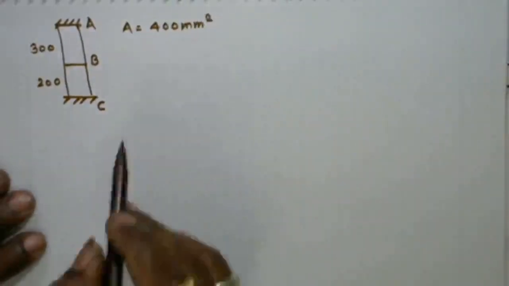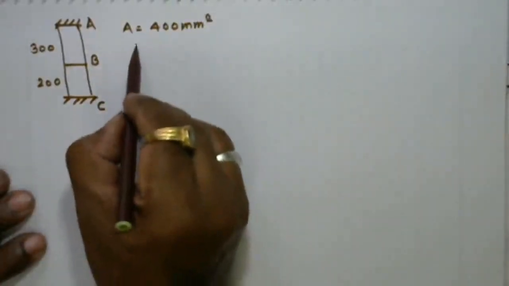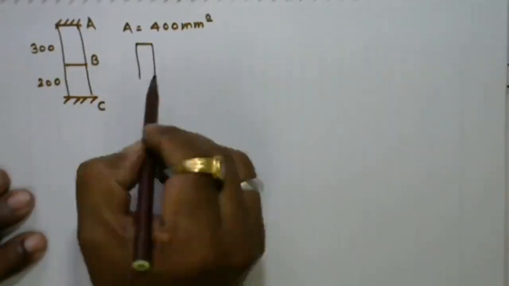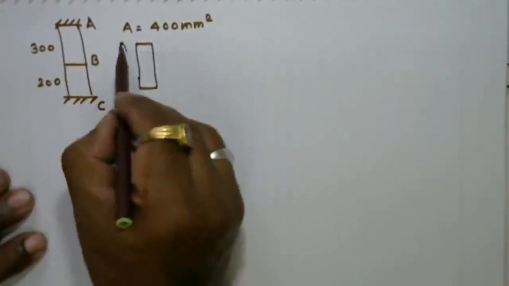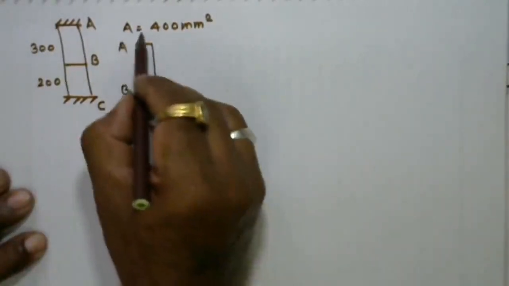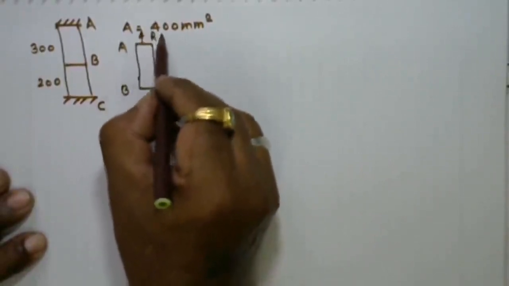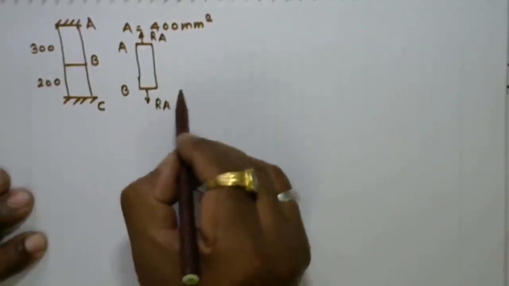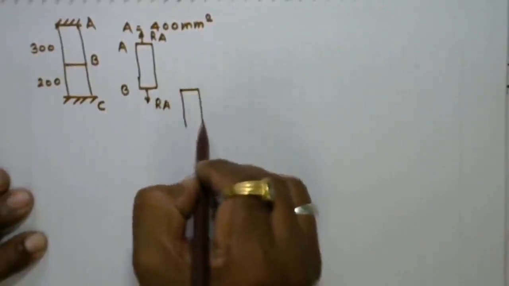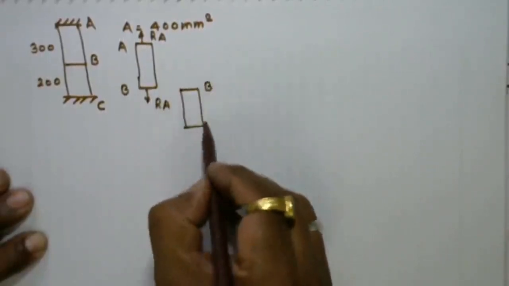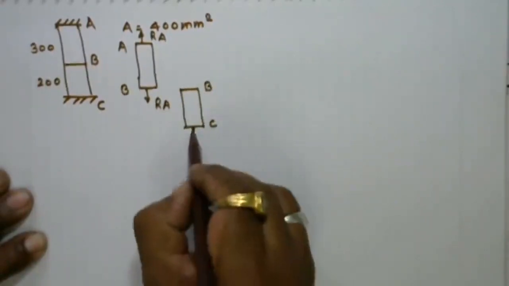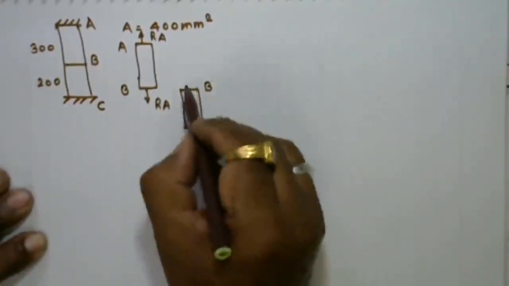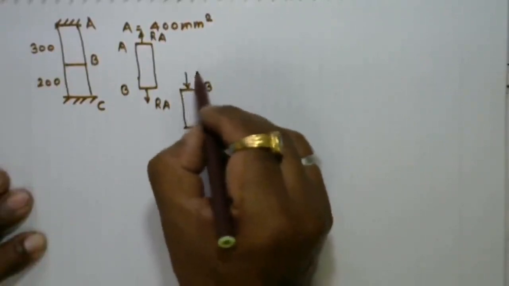So we have to take its FBD. For section AB, reaction RA, this reaction also RA. On the other side, BC, the reaction is RC, here reaction is RC.